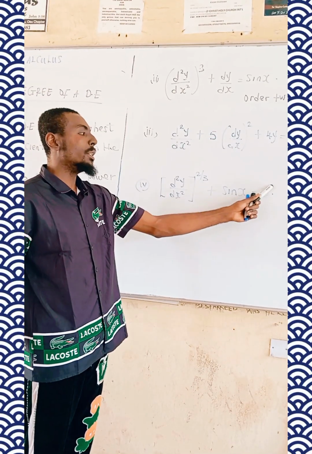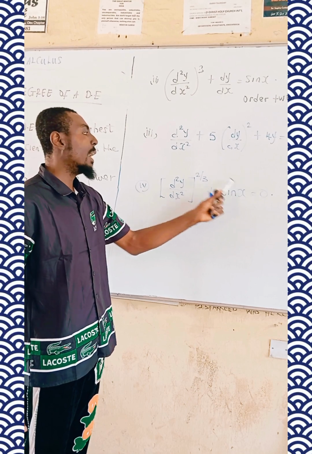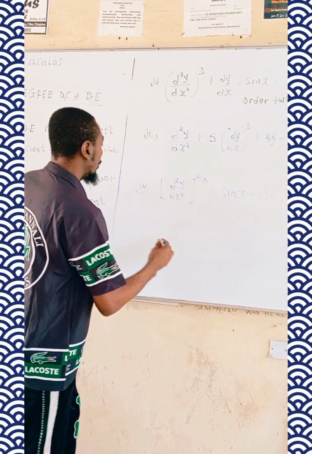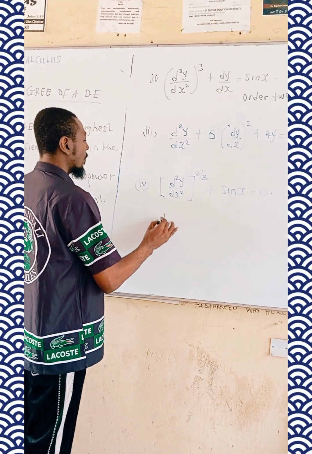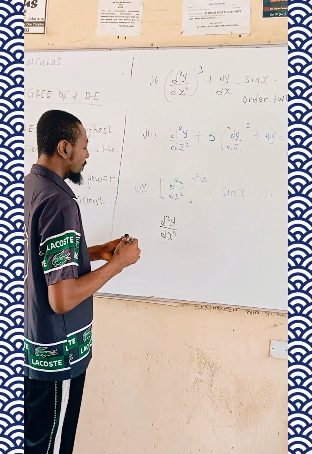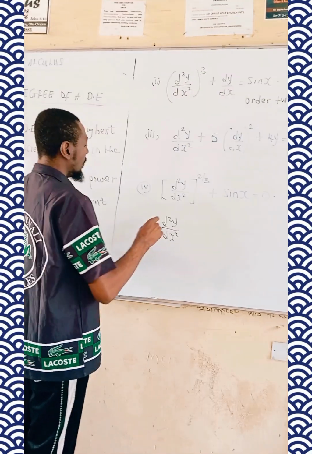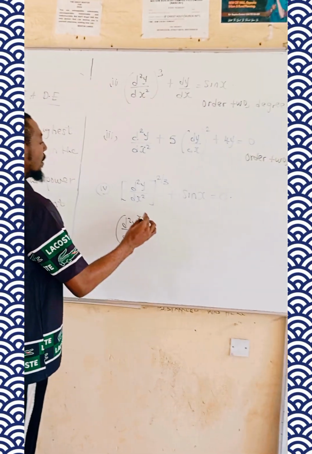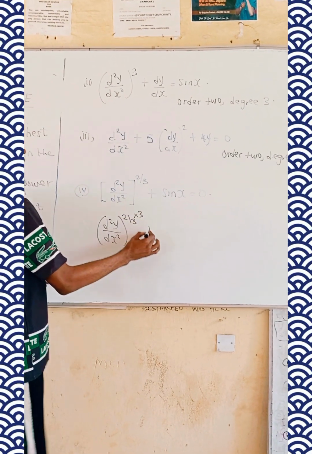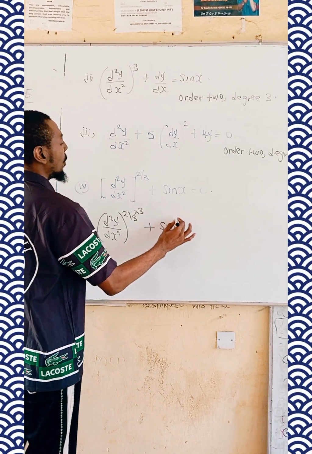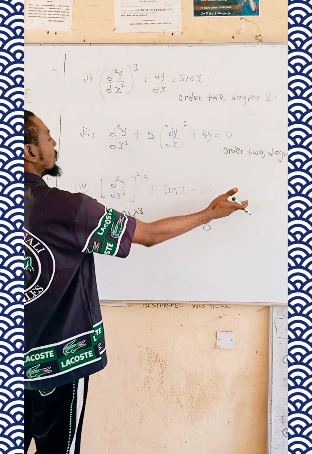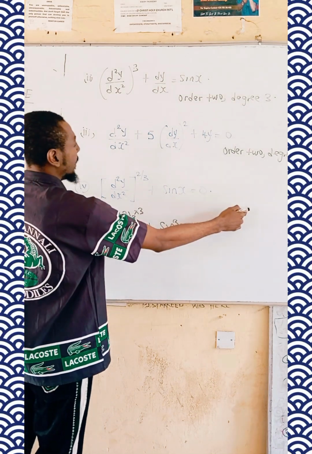The cube of 0 is still 0, and we introduce the cube on the other terms. So we have (d squared y over dx squared) all raised to the power 2 over 3, multiplied by 3, plus sine cube x is equal to 0. Just like saying, transfer sine x to this side.